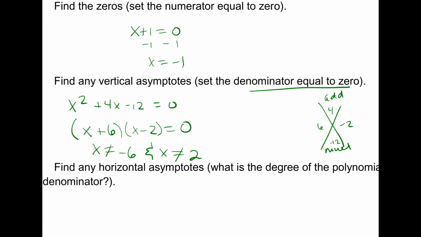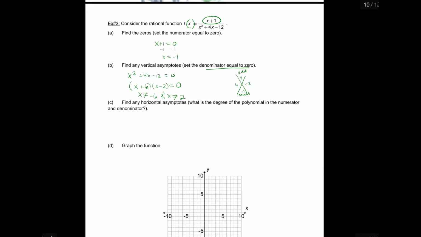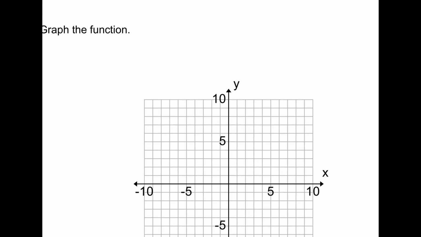Awesome. So we have vertical asymptotes. So now you can put those down. You draw them. Let's see, negative 6 and 2.